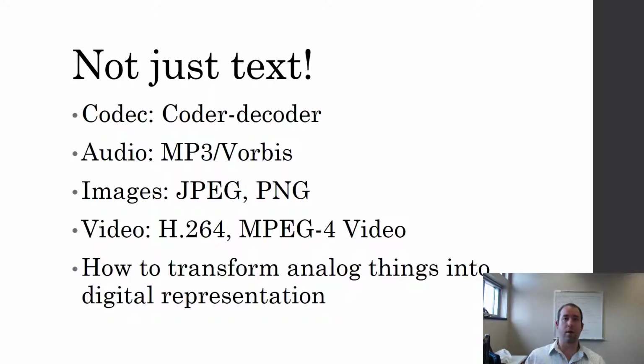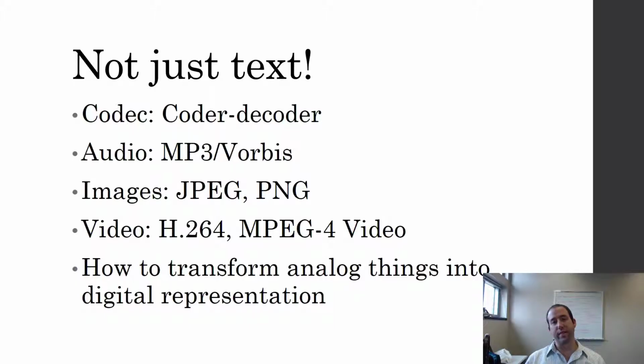These are codecs for storing images. And each of them is different. They have different methods of translating pictures into ones and zeros on a computer. But they do the same thing in the end. Video, we've got the same thing. MPEG-4 has a video specification.